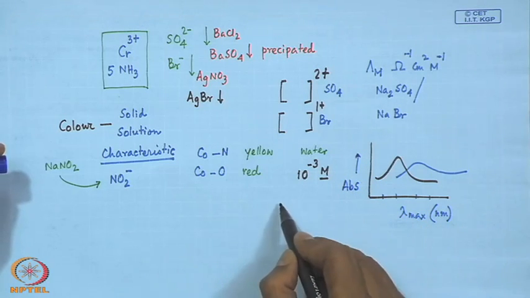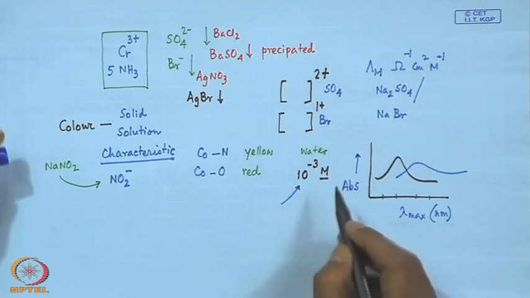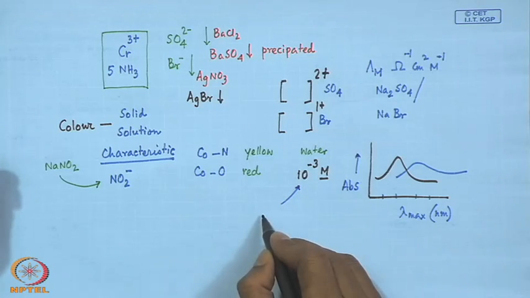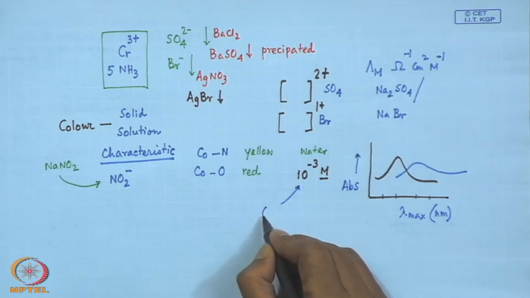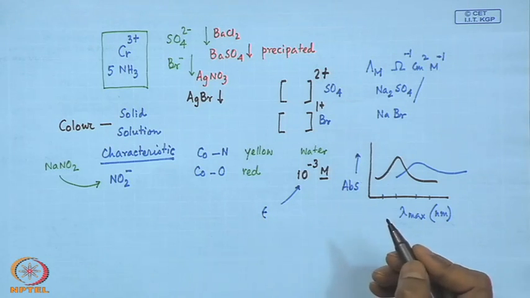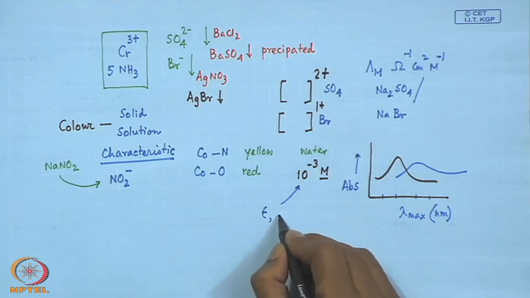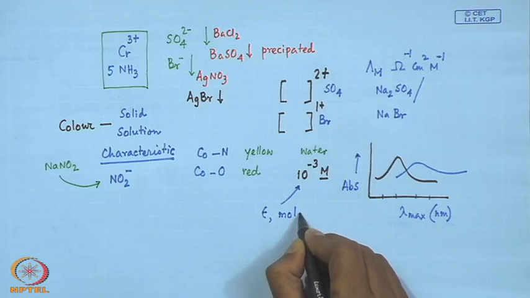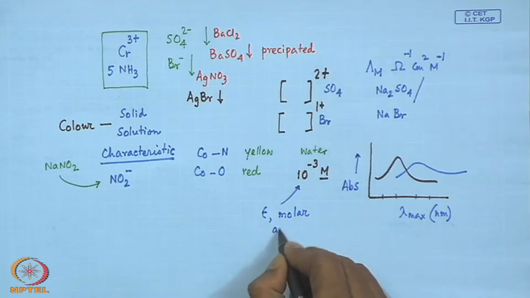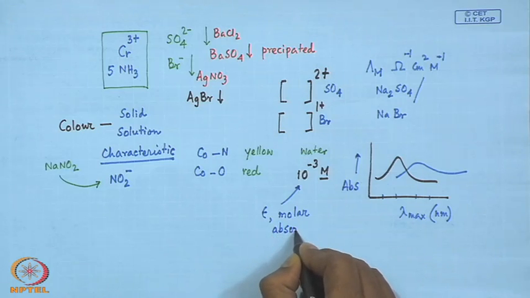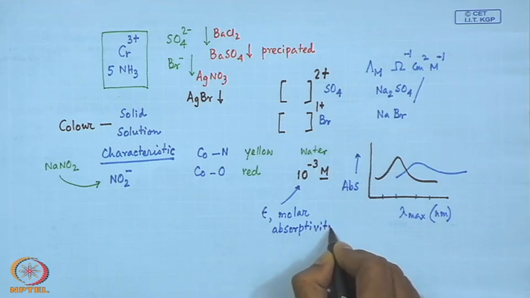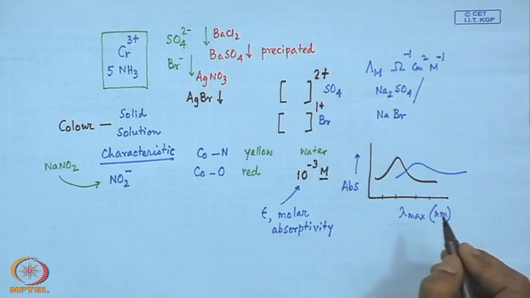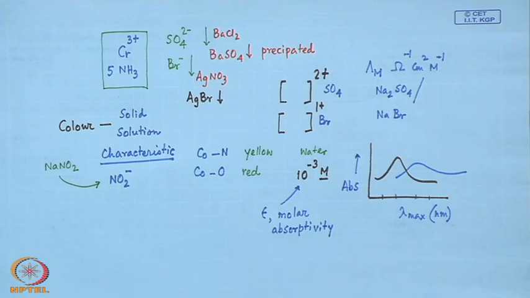And when this absorbance is known and we know the corresponding concentration, one particular property we can determine and report is the corresponding epsilon, the molar absorptivity.